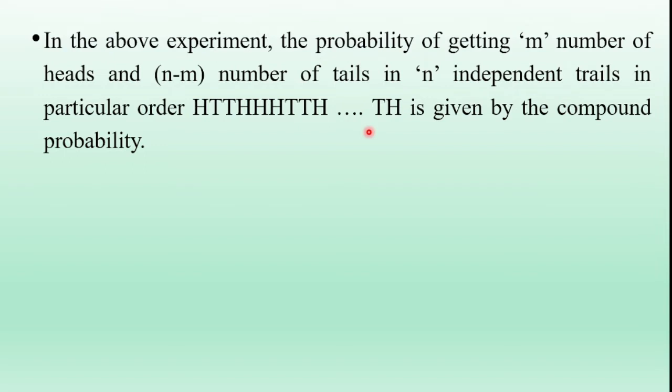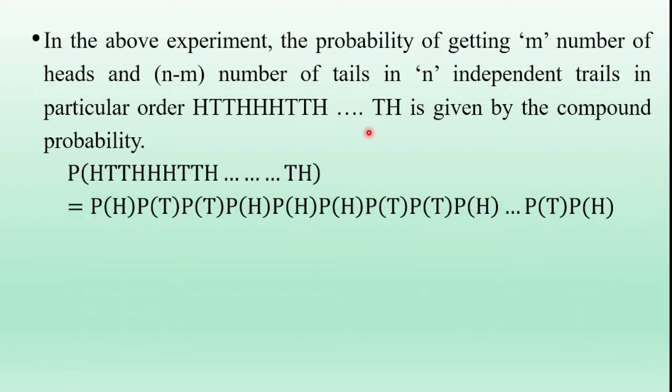That compound probability is the probability of head, probability of tail, probability of tail, probability of head, probability of head, probability of head, and so on, probability of tail, probability of head.